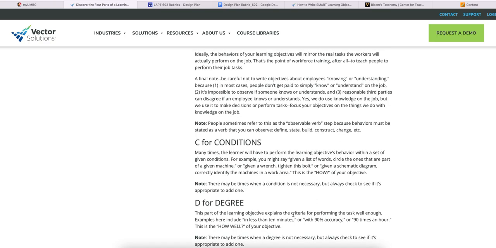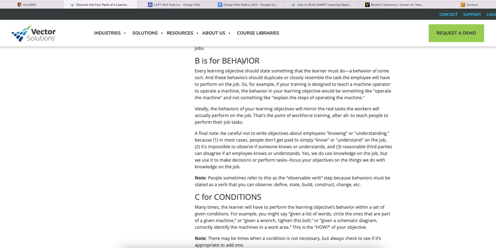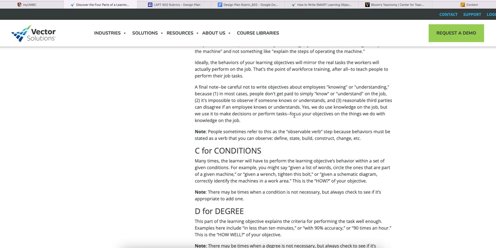So for example, if your behavior is scoop ice cream, in order for that to be possible, your conditions will have to include a bucket of ice cream, an ice cream scoop, a bowl potentially, right? So in order for this behavior, this B, to be achieved, a set of conditions must be met. And those are all of the things that your development team and your instructional team are going to provide to make sure that this behavior is possible.